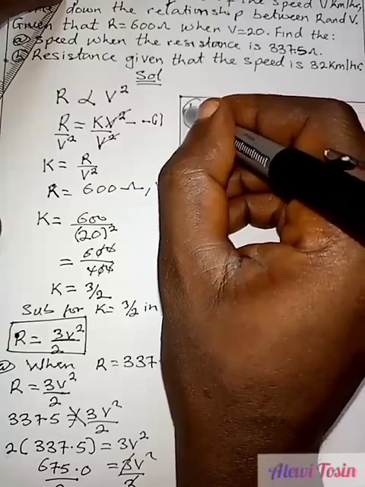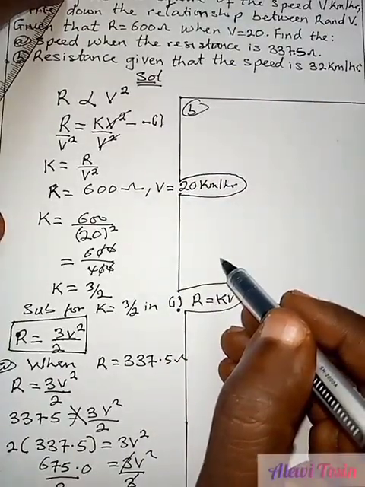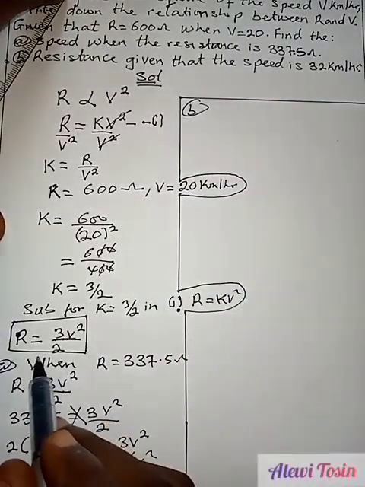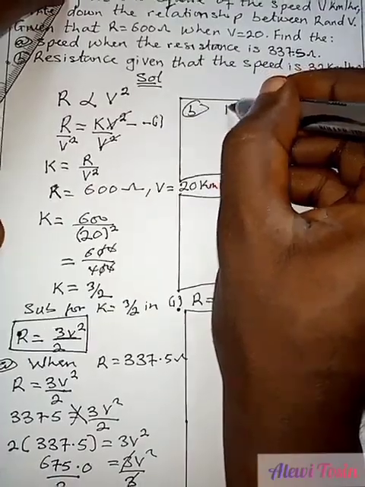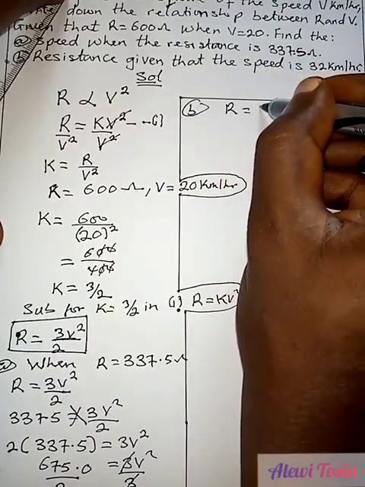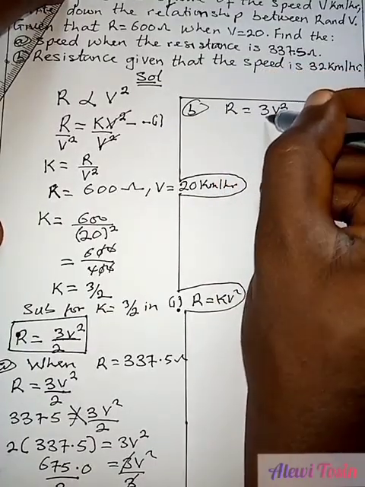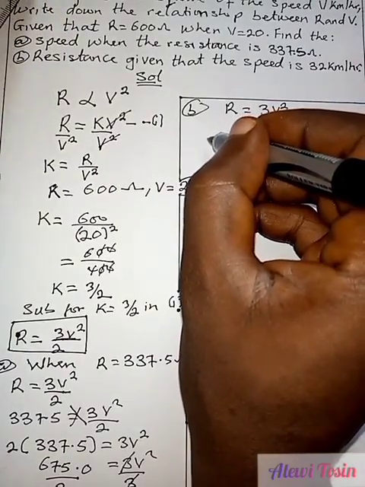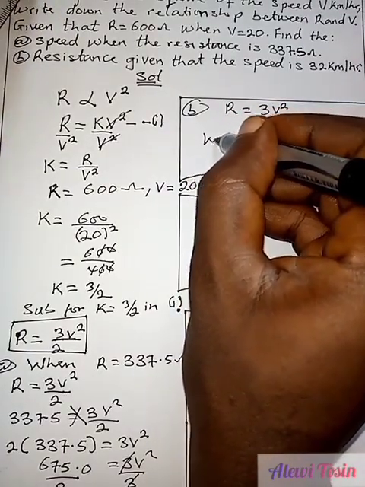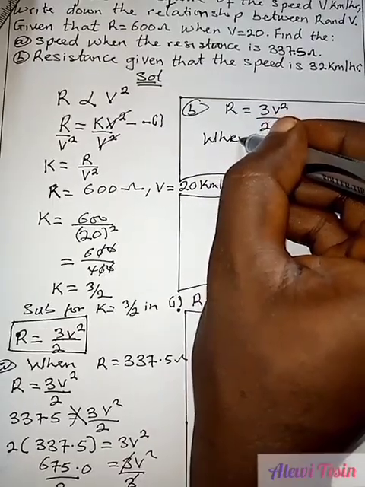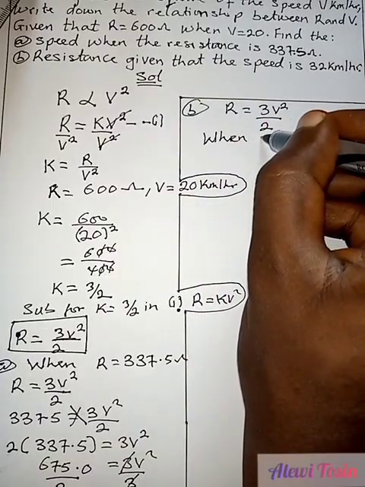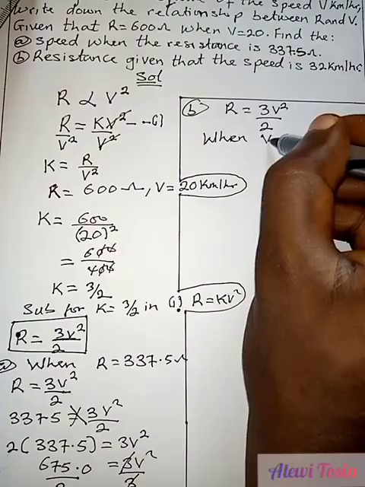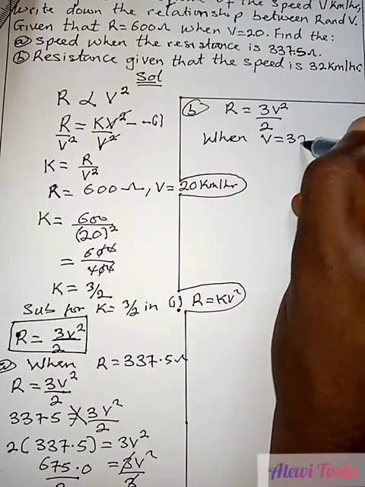That's B. Still using this formula, recall how we said R is equal to 3 V square over 2. So we are told to find R when speed, that's V, equals 32.